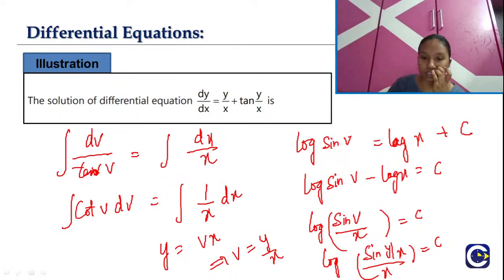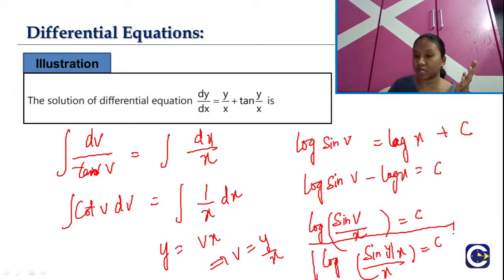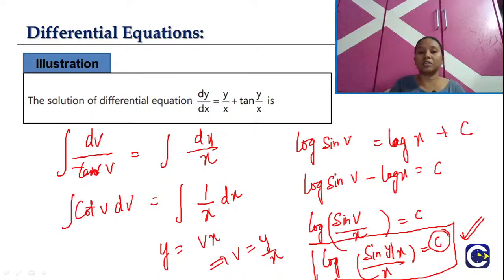In order to match the options, if this can be the answer, fine. If not, we don't know what this constant c is, so there is one more way to do it. Every term here, log sin v minus log x, is in log except the constant, so there may be a chance that the constant can also be a log term.